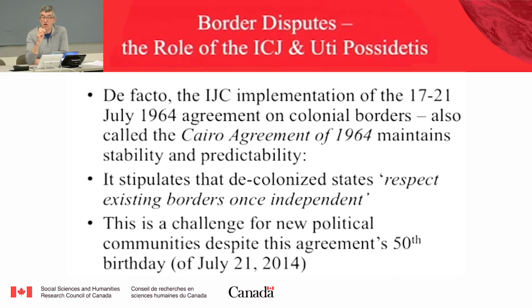It's one of the major arguments that has been pushed by somebody like Michel Foucher as well, where he says that 50 years post 1964, the states are mature enough to understand the rationale behind the position of the post-colonial boundary line.